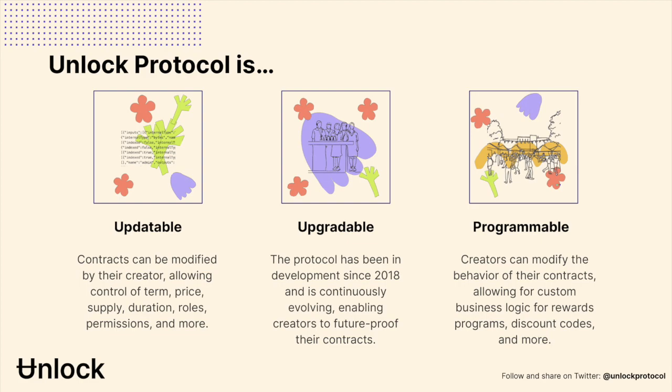Finally, and this is really an interesting aspect, the protocol contracts, the public locks, as we call them, are programmable. They're programmable because we realize, as a developer, you might want to build custom logic into your membership contract. So we do that with a system of hooks that allow developers, and maybe even at some point creators, to add or change the behavior of the smart contract based on some characteristics.